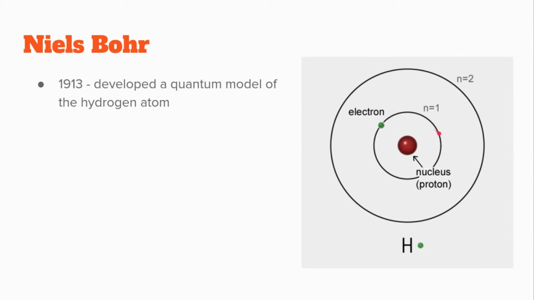So he created these orbits, these tracks that the electron could be on, kind of like the planets orbiting the sun. So you've got your electron here in energy level 1, n equals 1. It could also get excited, if we added heat or electricity or something, to this next energy level, and there could be more energy levels past that.